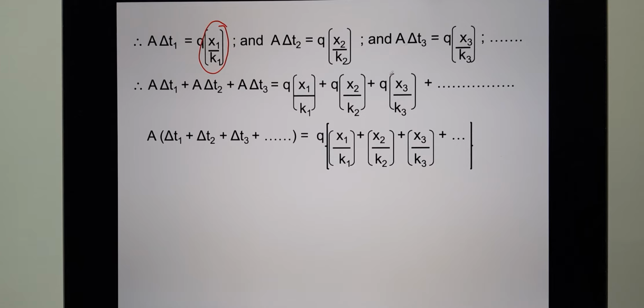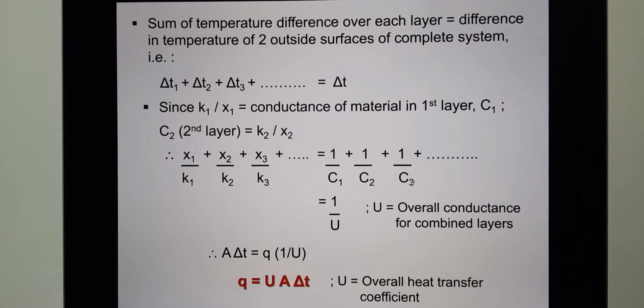So this is the rearrangement of the equation when we are going to deal with layers. The sum of temperature difference over each layer is equivalent to the difference in temperature of the two outside surfaces of the complete system.